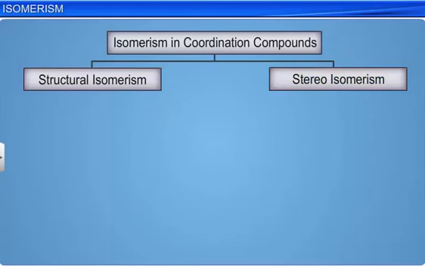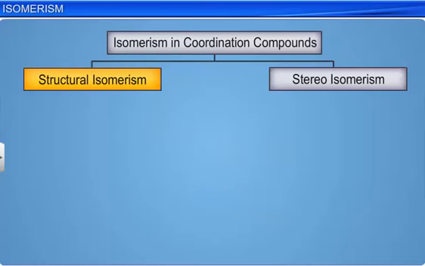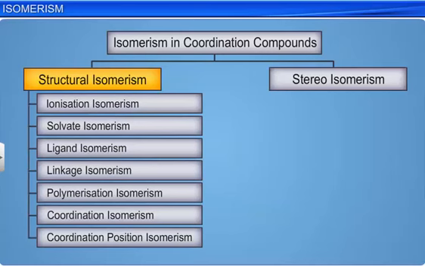Structural isomerism arises due to the presence of different kinds of bonds between the metal and the ligands. This can be further subdivided into several types, like ionization isomerism, solvate isomerism, ligand isomerism, linkage isomerism, polymerization isomerism, coordination isomerism, and coordination position isomerism.